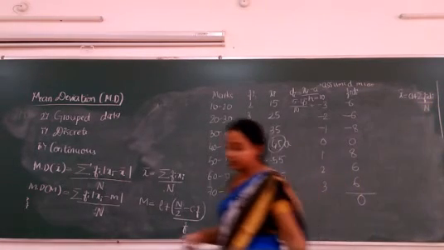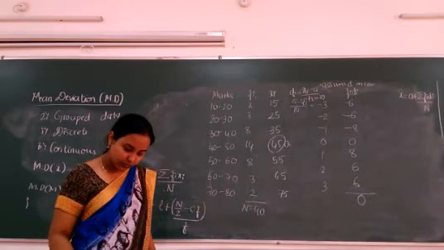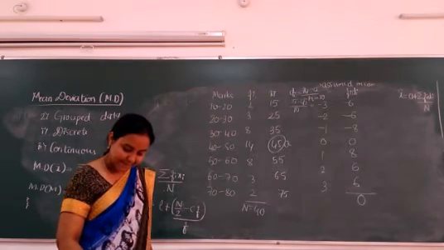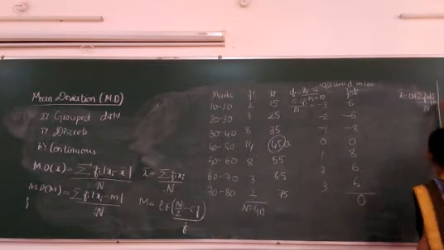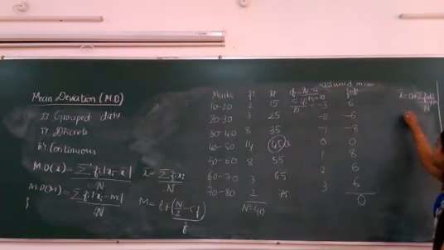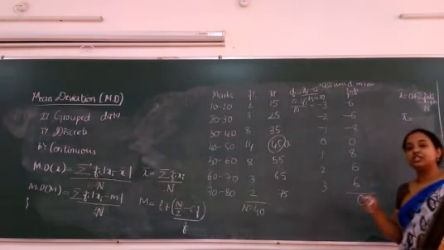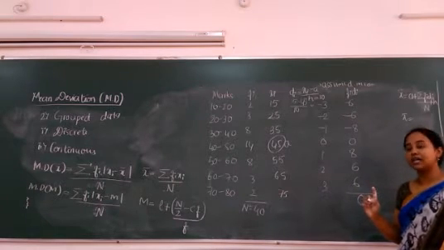Let me see if the same notation is given in your textbook. Yes, this is given. So let us calculate the mean, because only after knowing the mean can we calculate the deviation, multiplied by frequency, and then you will get your final answer.